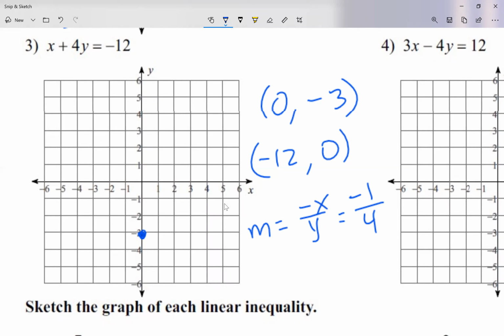Notice I'm using the numbers in front of x and y, but I switched the sign of the number in front of x. We call those coefficients, right? The numbers in front of the letters. So my slope says go down 1 and 4 to the right.